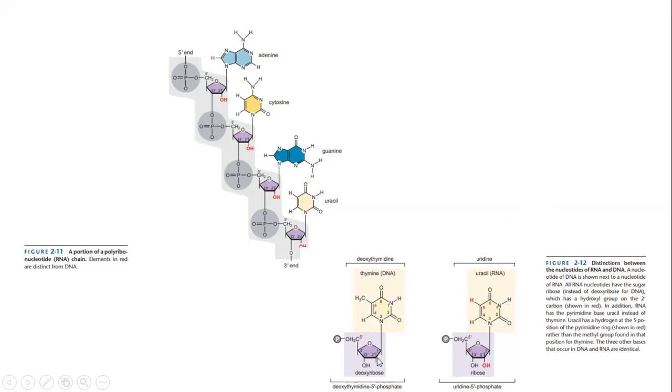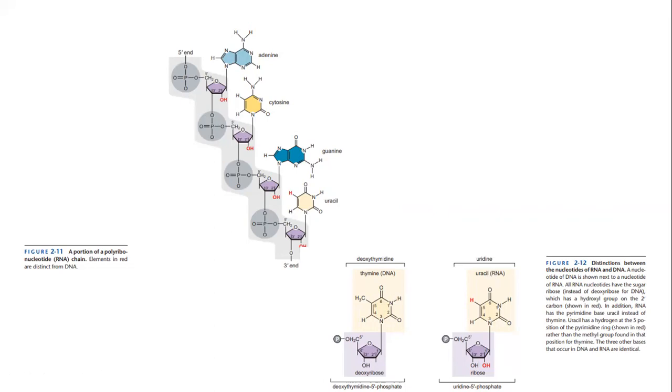At the second carbon position of the sugar there is only an H. There is no oxygen, no OH, only an H. That's what is called deoxyribose. But in the case of RNA, the second carbon has an OH. It is called ribose sugar. Here they have shown uridine.